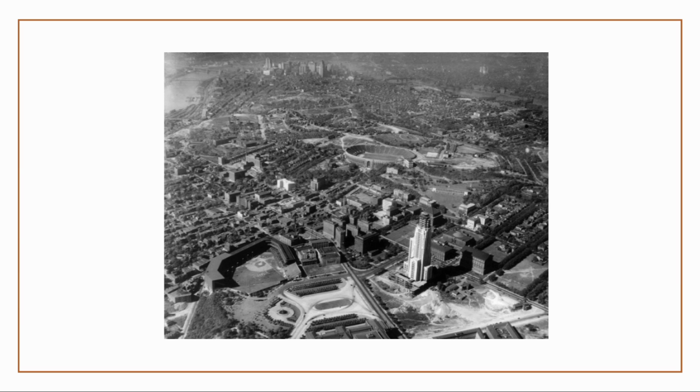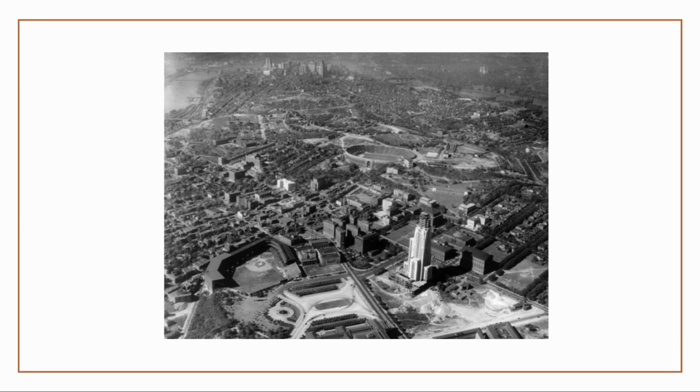If I got this photograph and wanted to use some context clues, I would look at some of the big buildings. The first one is the Cathedral of Learning. You can see it is still under construction.